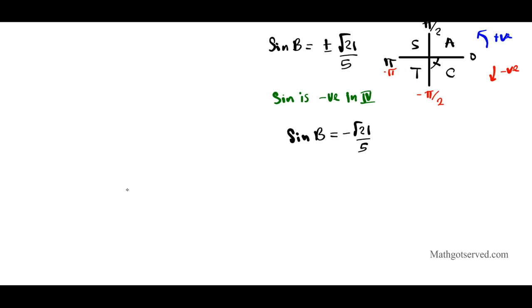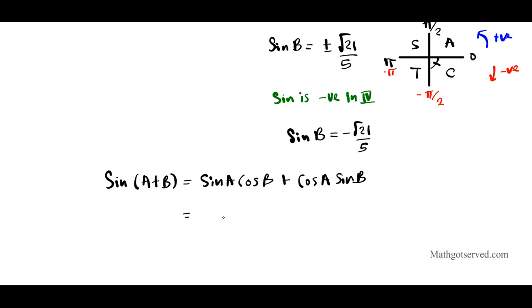Okay, so let's rewrite what we had earlier for sine A plus B. Using the sum identities for sine, sine A plus B is sine A cosine B plus cosine A sine B. So now we have everything that we need.